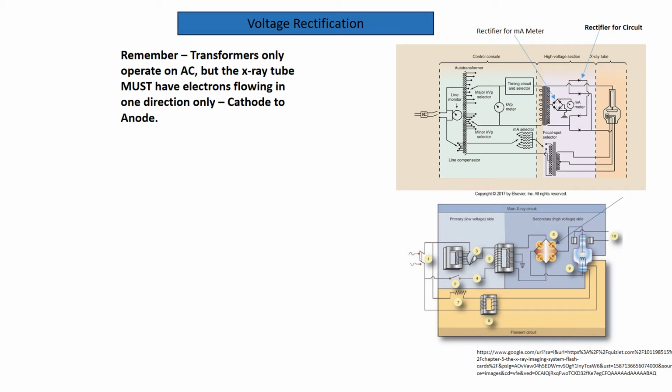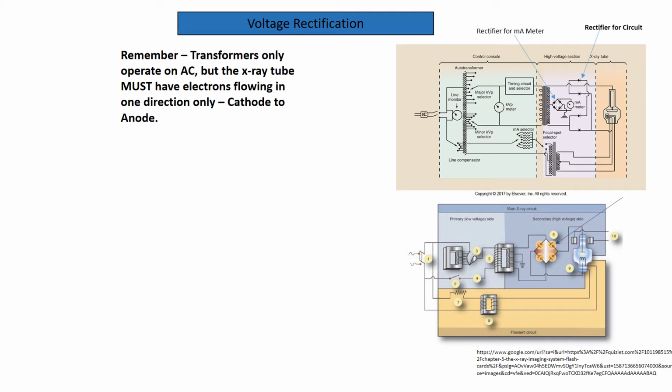However, our X-ray tube only can have electrons flowing from the cathode to the anode, only in that one direction, cathode to anode. Well, that's direct current. Remember, current flowing in one direction is DC. So somehow, between the incoming power and the X-ray tube, we have to change the AC into DC.